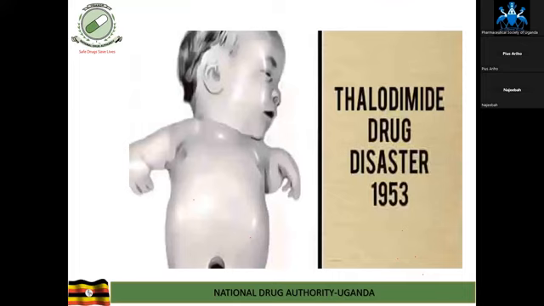So this is a picture from the 90s. I apologize for the spelling of the drug there. I am not the author of the picture, but I just wanted to use it as an example. We all know the thalidomide disaster of very many years ago.